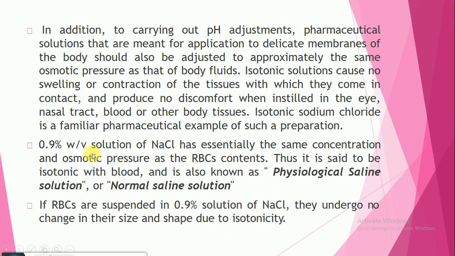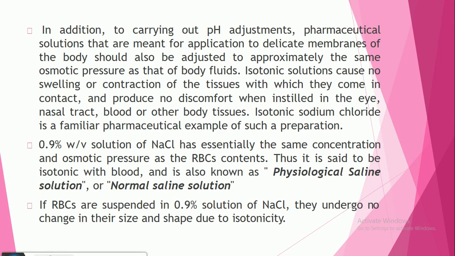It means that if the solution has 0.9% weight by volume of NaCl, we can say the solution is isotonic with the blood, and then it can be compatible. Why?